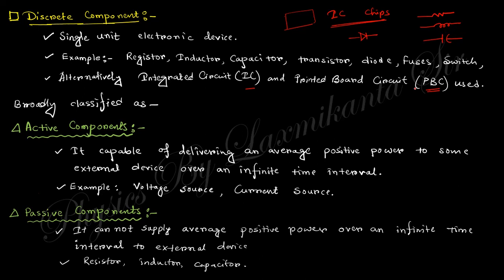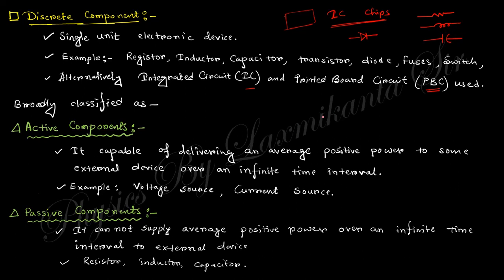Okay. These discrete components are broadly classified into two parts. Number one is the active component. Number two is the passive component. What do you understand by the active component? Actually, an active component is a component that delivers positive power to an external source.